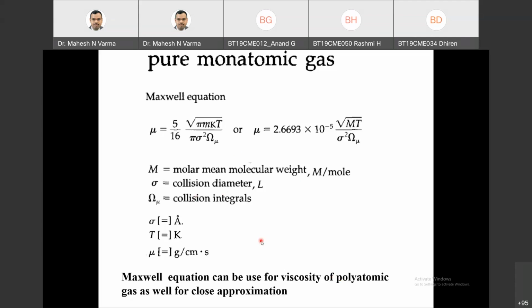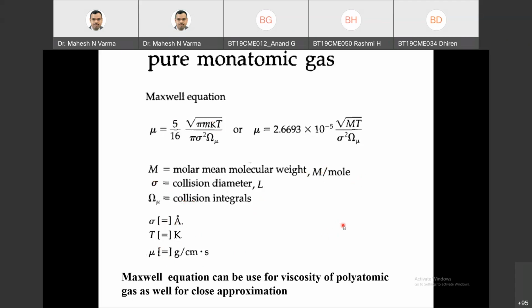You can predict the various properties from first principles. Sigma is the collision diameter, and omega is the collision integral. Collision diameter is in angstrom, temperature is in Kelvin, viscosity is in gram per centimeter per second using this equation. And this is the molecular weight of the material.